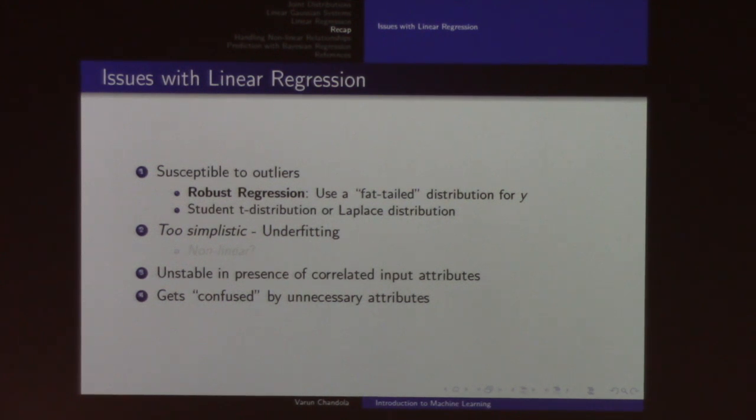So one way to handle that is how to get non-linear, and then there are other issues, and we'll talk about all of those. It is known to be unstable, even when, let's assume that the linear relationship is fine. If your attributes are correlated, we will see that the results become very unstable. And the fourth one is that if you have a lot of attributes, and maybe some of them are useful, some of them are useless, but you don't know beforehand, then linear regression can get confused by that.